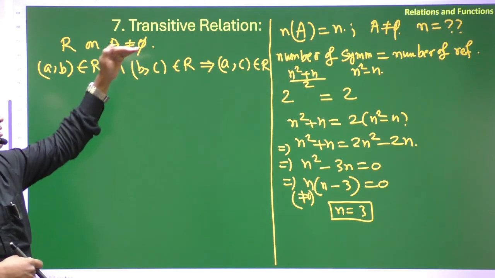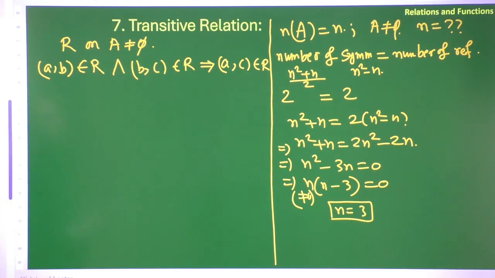If both ordered pairs belong to R, then the third ordered pair must be in R. If that happens, then it is a transitive relation.